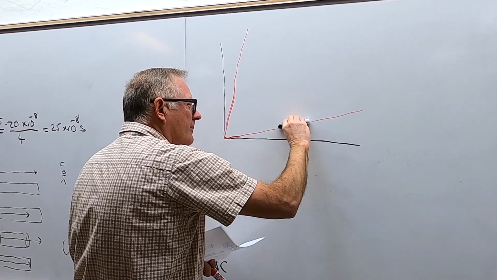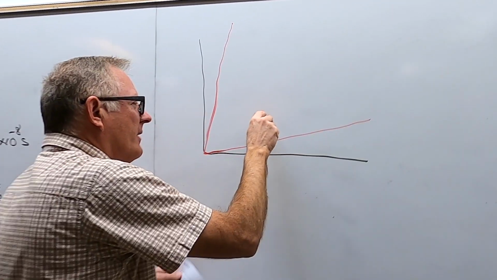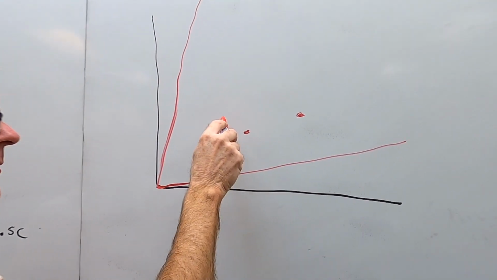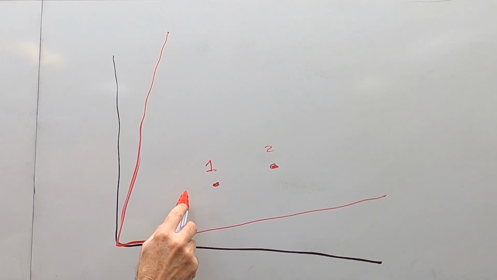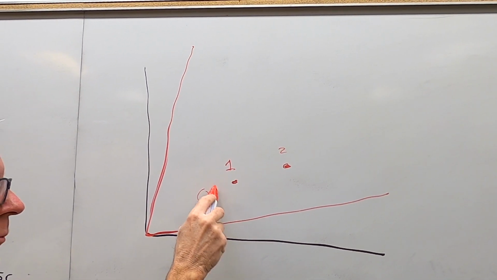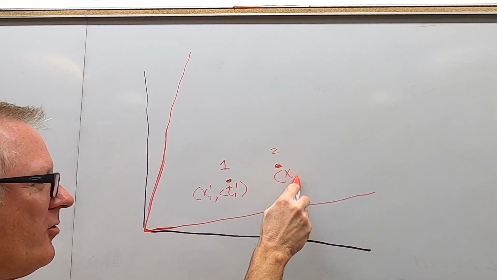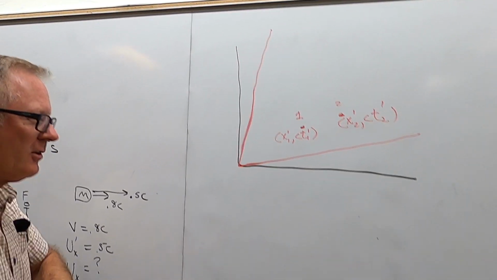Remember, same time is this. So we have an event here, and we have an event there. We could call that event 1 and event 2. So you have an x1 prime, ct1 prime, and you have an x2 prime, ct2 prime. That's what they would look like.